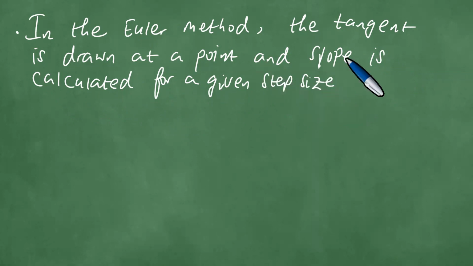So in other words, in the Euler method, the tangent is drawn at a point and slope is calculated for a given step size.